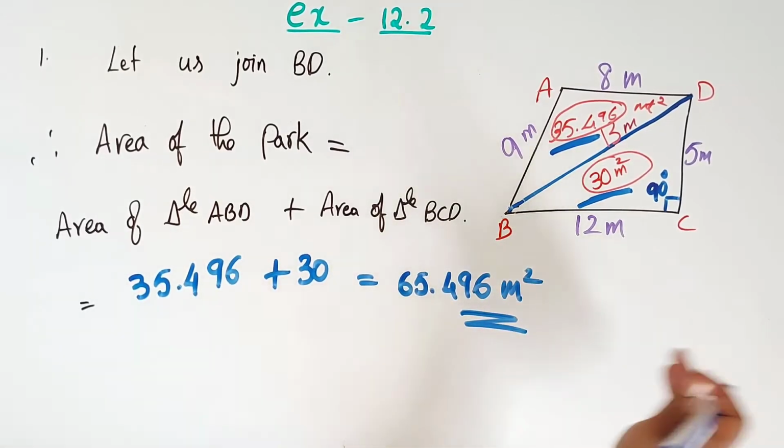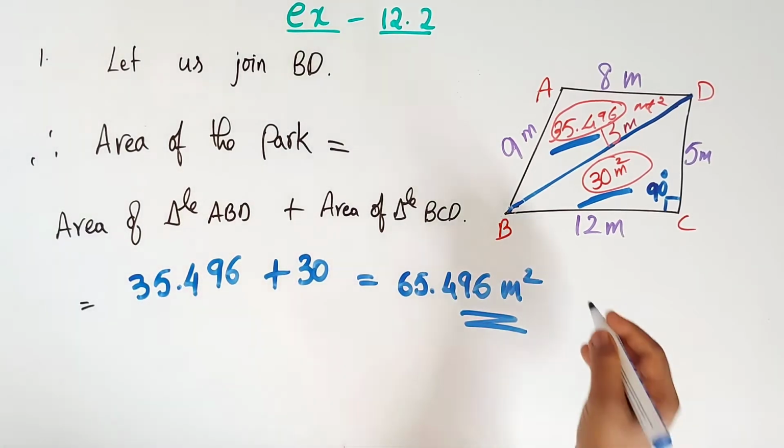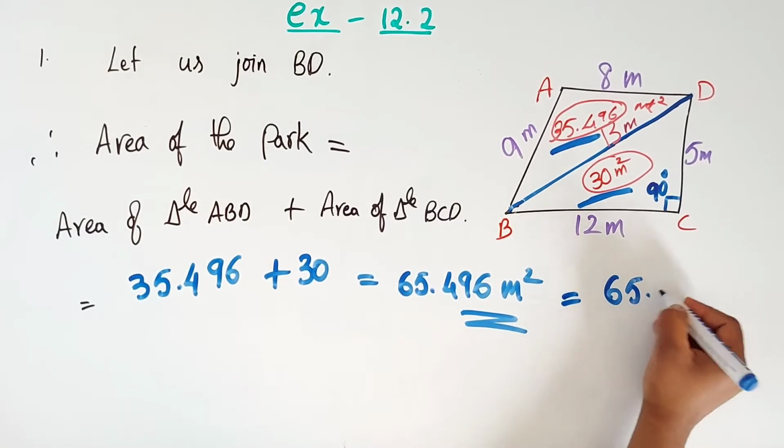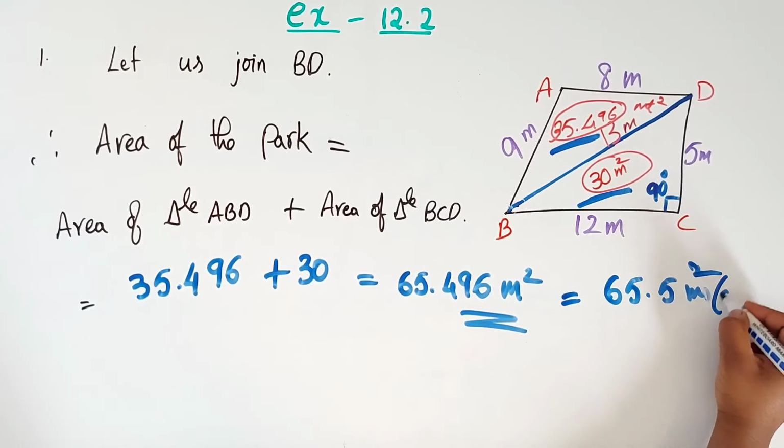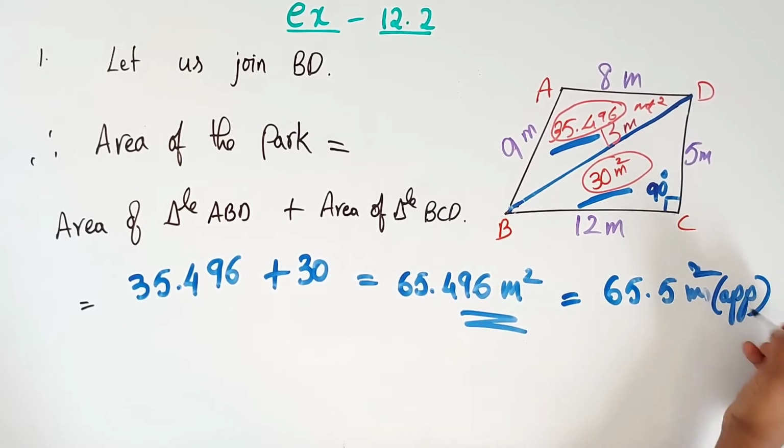This is the park area, children. This equal to 65.5 meters square approximately, children.